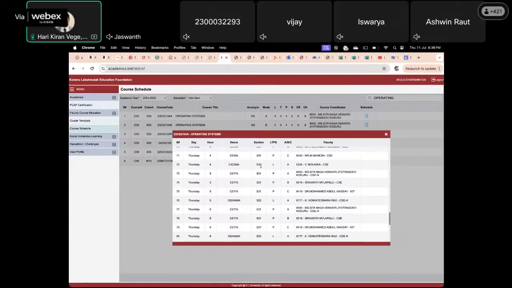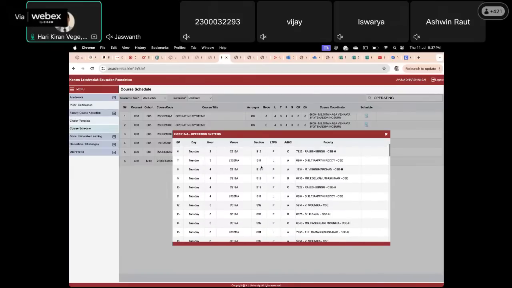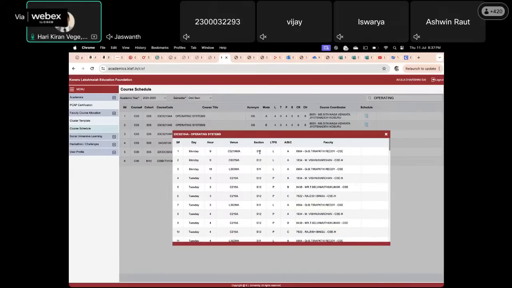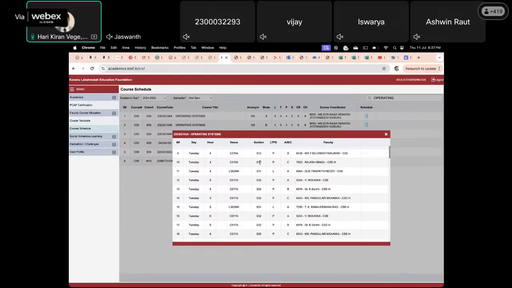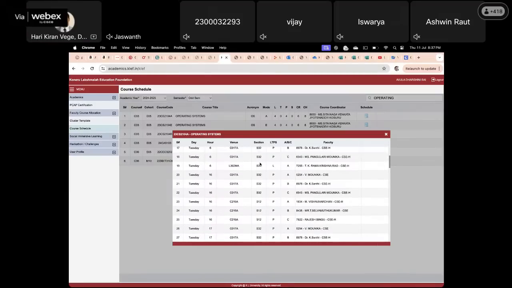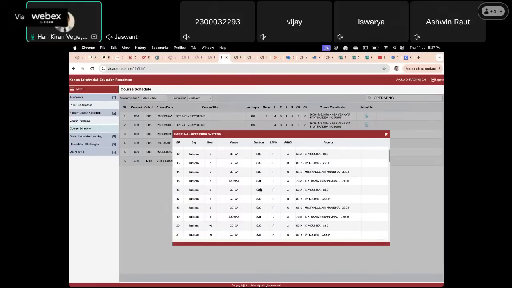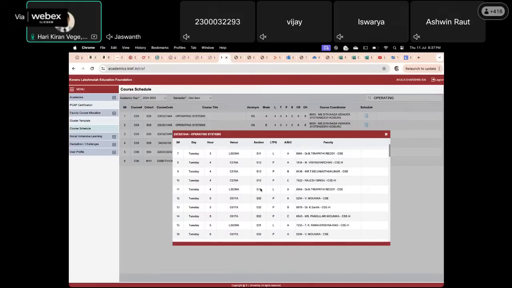And how do I know which section is which cluster? The rule is again very simple. If the section starts with 1, that means it is cluster 1. If the section starts with 2, that means it's cluster 2. If the section starts with 3, that means it is cluster 3. So S32, which cluster is it? Cluster 3. S20, to which cluster is it? Cluster 2. S12, which cluster is it?